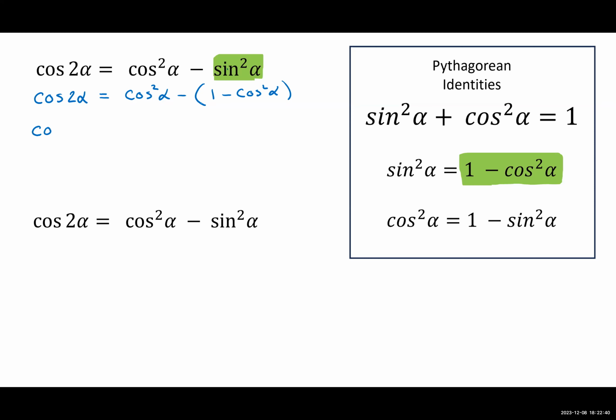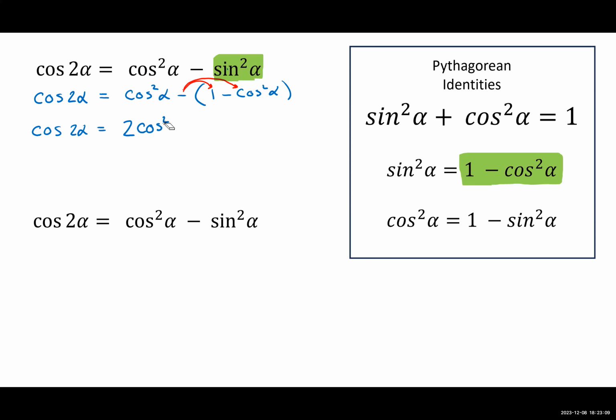And if we distribute that negative sign, minus the 1 and minus the cosine squared, we get cosine squared minus 1, and then minus a minus cosine squared, so that's plus.